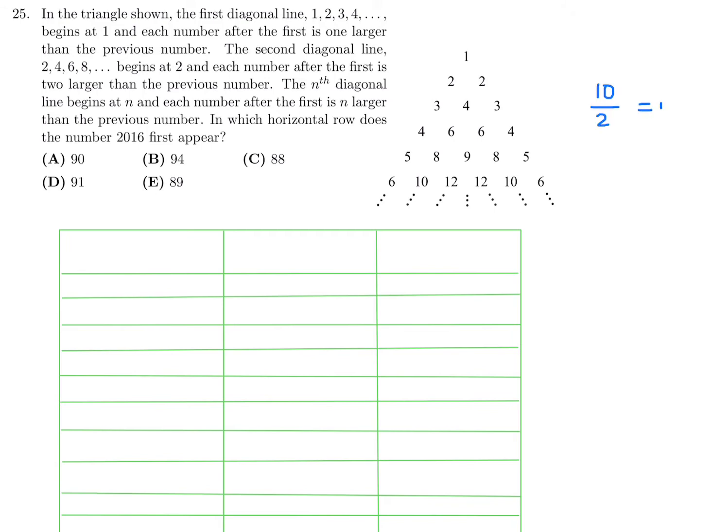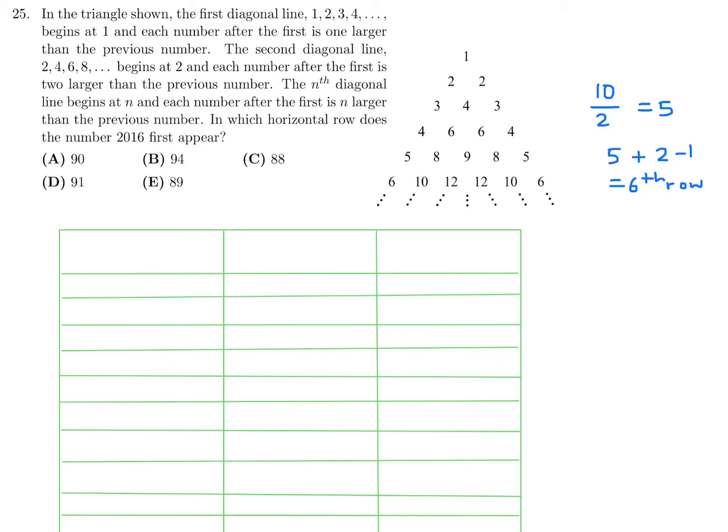I'll divide by 2, and that's 5. So it appears here, the fifth entry in that diagonal. But that's not the row number. As you can see, it's in the 6th row. And how do you get the 6th row? You take that 5 and add to it this number minus 1. So 2 minus 1. And that gives you the 6th row.